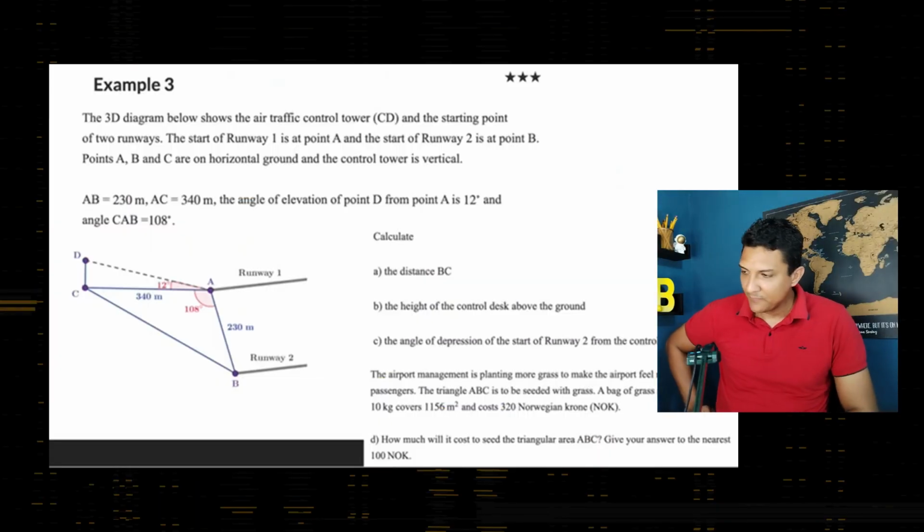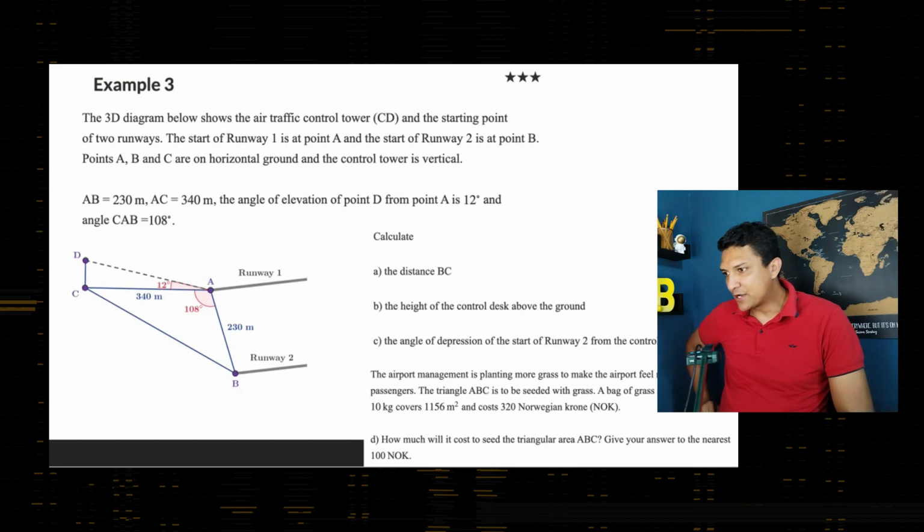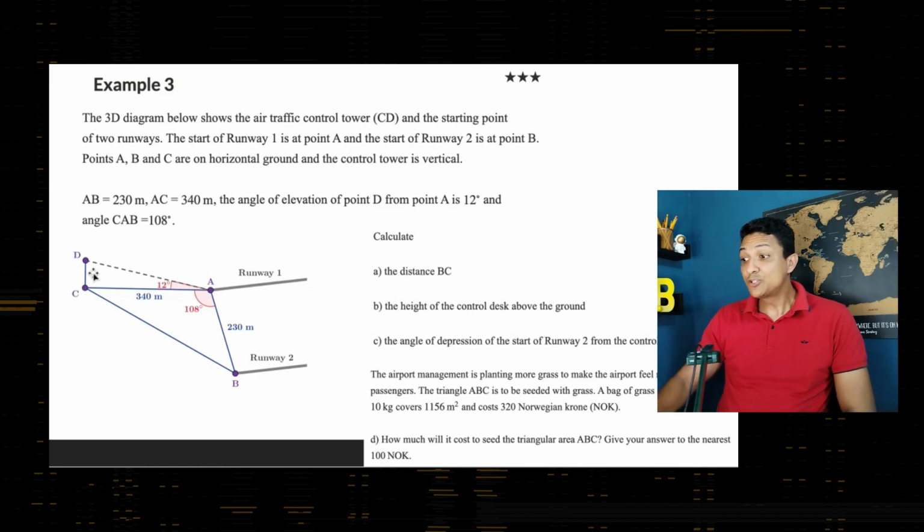So our final problem is this one. It says a 3D diagram below shows the air traffic control tower, CD. Basically what you need to understand is that this CD is the control tower. Something important, this triangle that we have here, ACB, is on ground level, as well as runway 1 and runway 2.